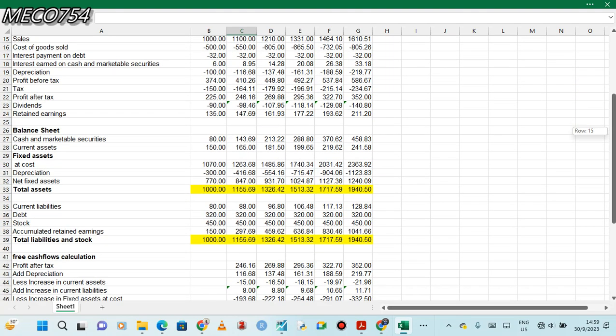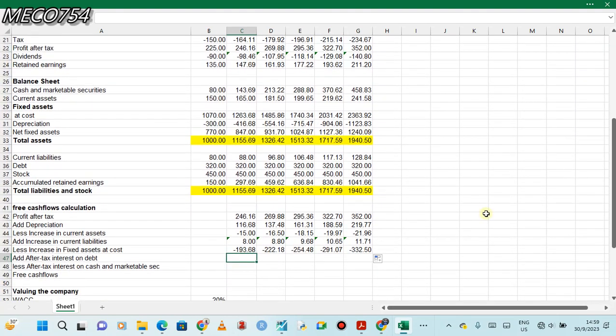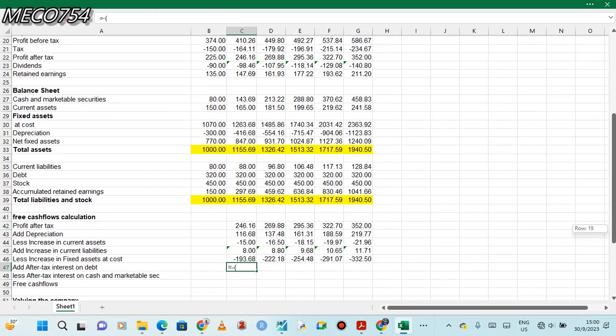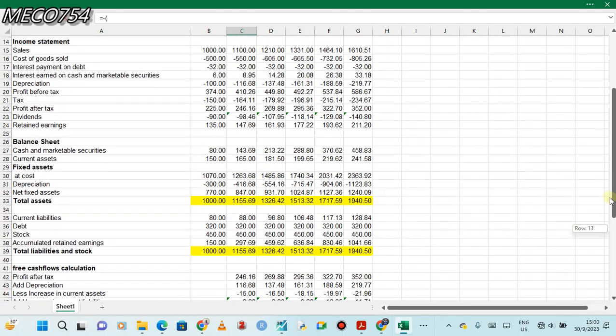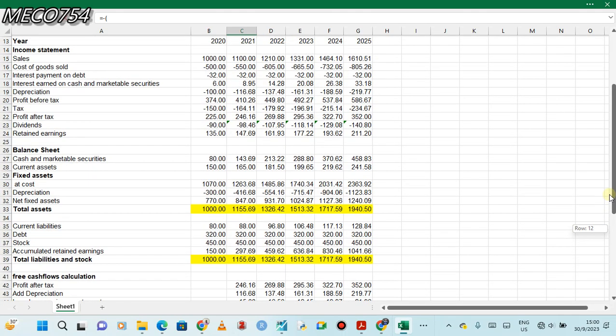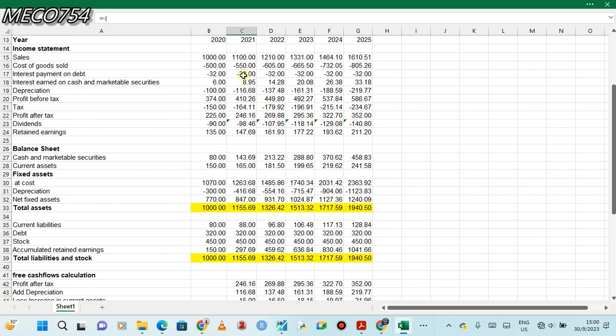And we want to add it back. So it's equal to negative, then you include a bracket. Everything in the bracket will be affected by that negative. We want it to be positive, so we include the negative. It's equal to negative of that debt interest.